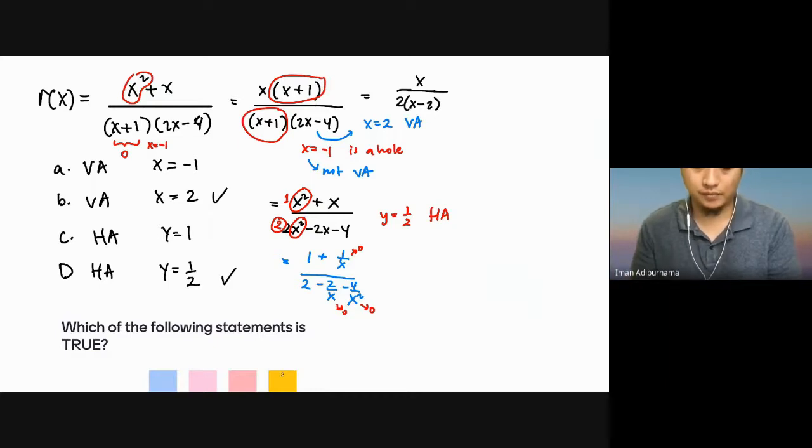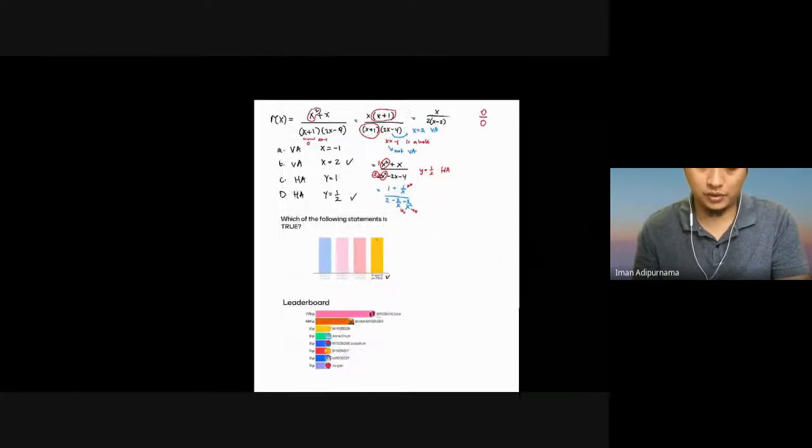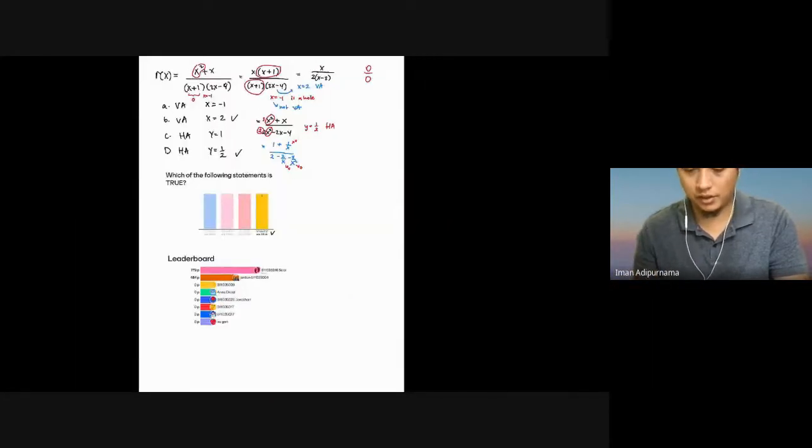Because if you have minus 1 here, the function will become 0 over 0, which, if you learn the calculus part, we actually call an indeterminate form. Later in calculus we will learn about that.